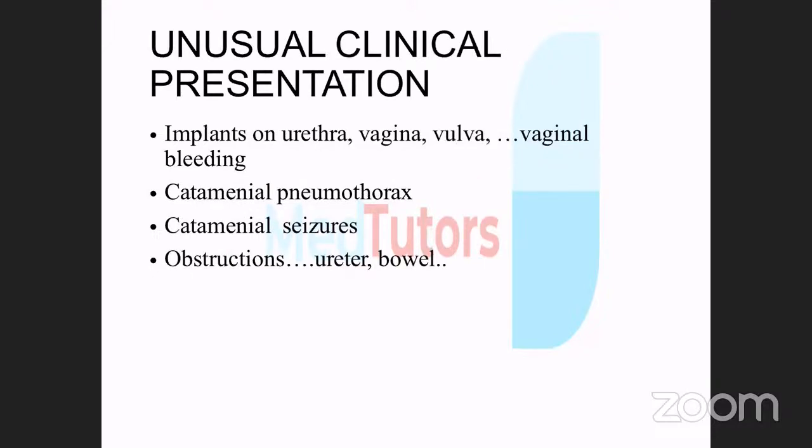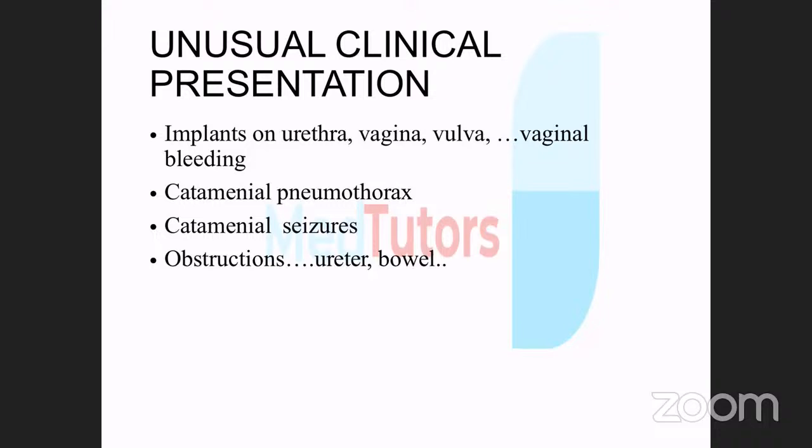Now, it may also present unusually, which means the patient may not even have dysmenorrhea, dyspareunia, or infertility. She may have one or two of the classical symptoms, but she may just come with unusual symptoms, and this may include a nodule around the urethra, in the vagina, on the vulva, that bleeds cyclically.